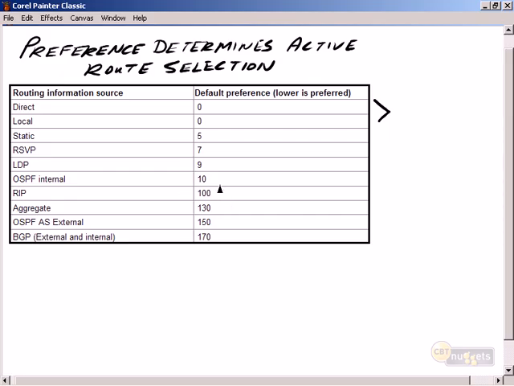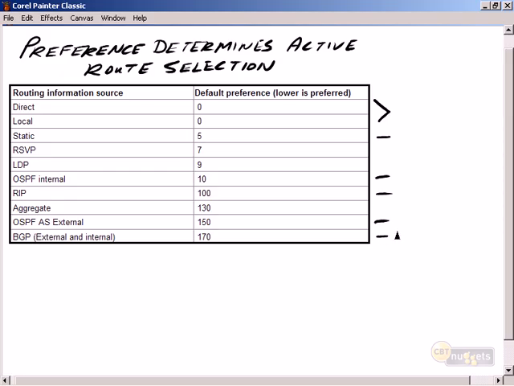For example, like a static route, which has a number of 5, or an OSPF, Open Shortest Path First, internal route, which has a number of 10. Then we skip up to RIP. RIP has a route preference of 100. If it's an external route coming from a different area, for example, a different OSPF area, then it's going to be 150.